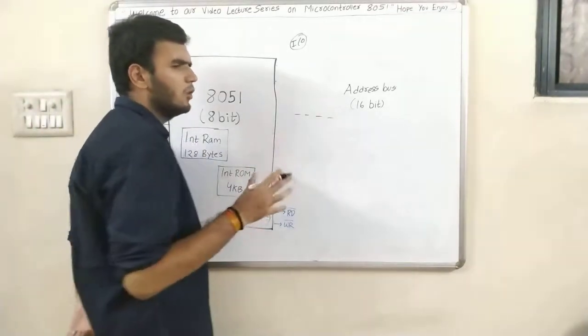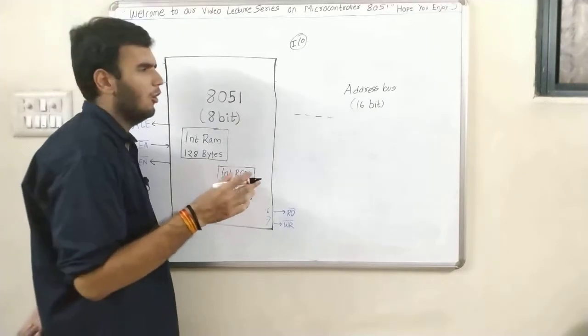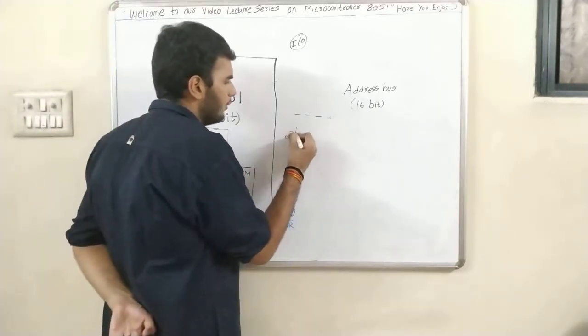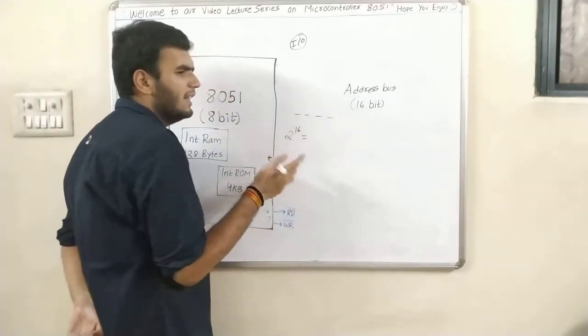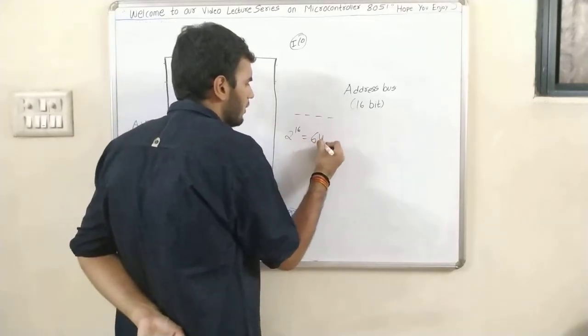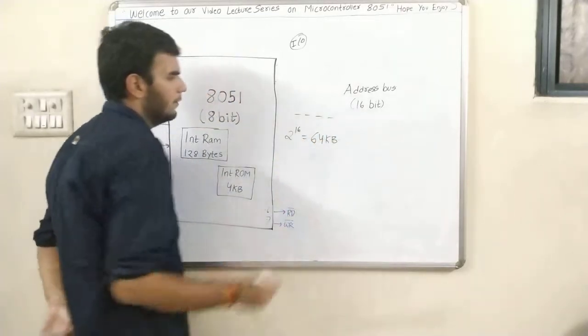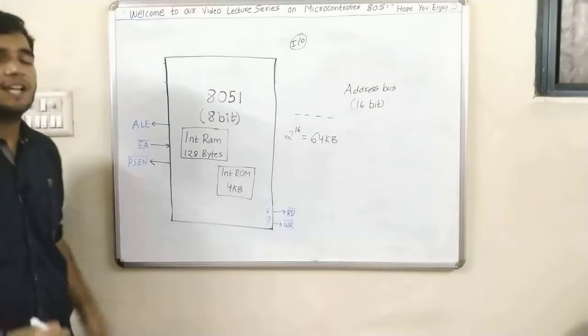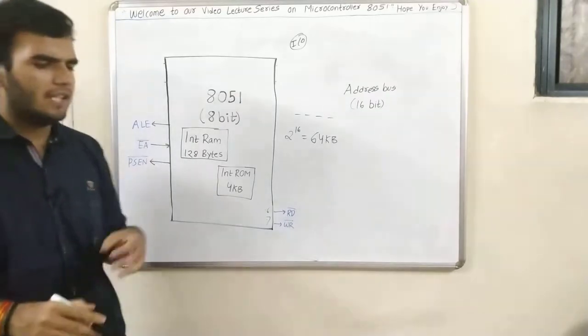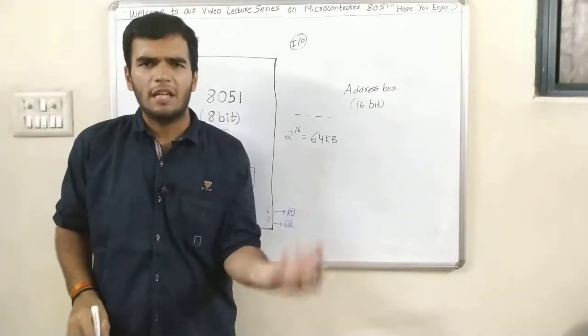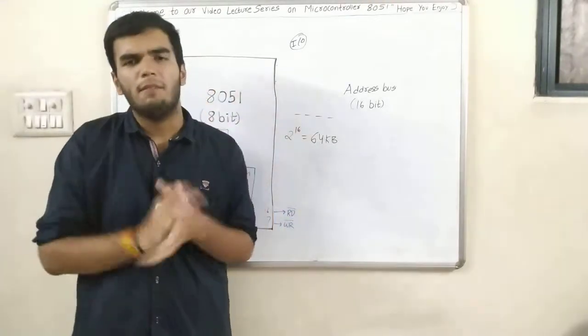If we do all the permutations and combinations, 2 raised to 16 comes to nearly 64 KB. So that means we can connect external memory of 64 KB.